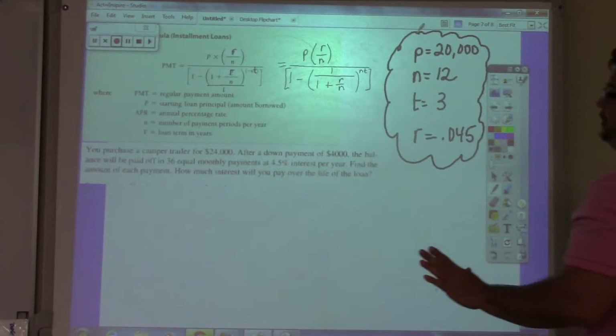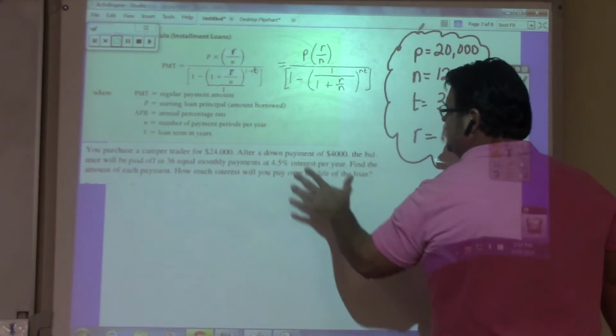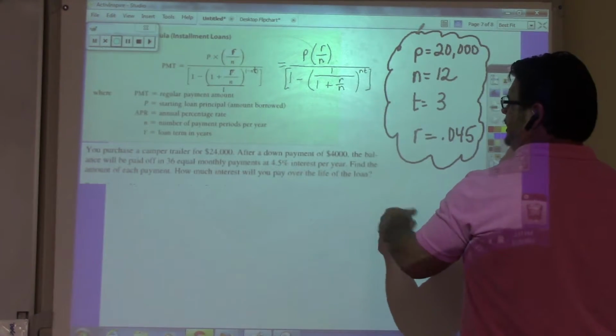Now, you can actually do this without even writing anything down. Take your calculator.